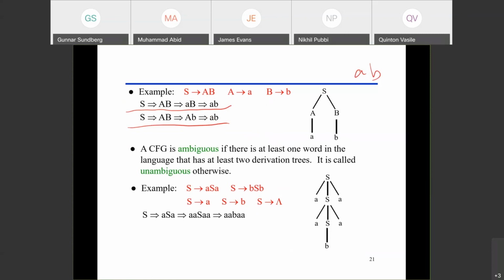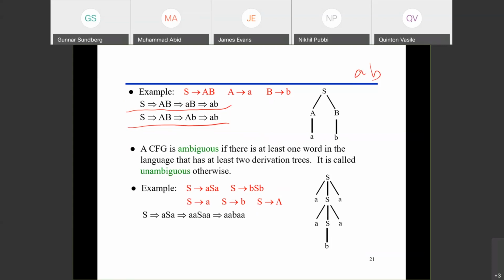So when you can derive a word in more than one way using a grammar, we say that this grammar is an ambiguous grammar. The machine is confused about which way it should use to generate a word, because there is not only one way, there is more than one way. So we call that ambiguous grammar. And when we have a grammar where you can generate a word in only one way, we say that this is unambiguous grammar.